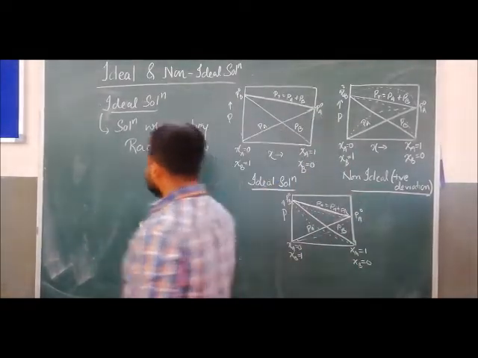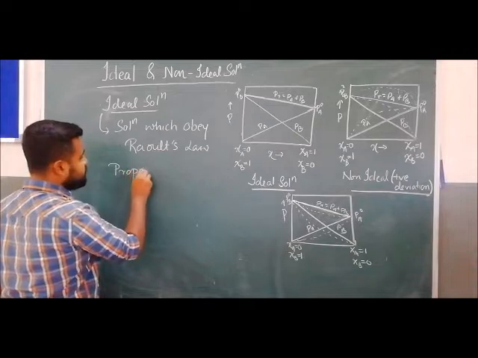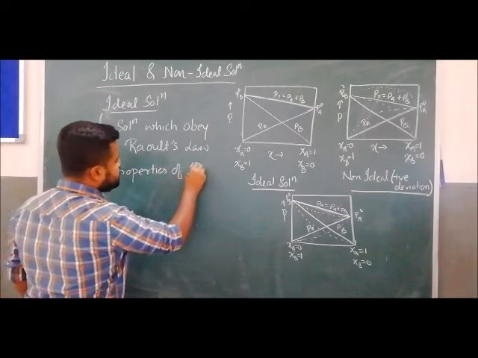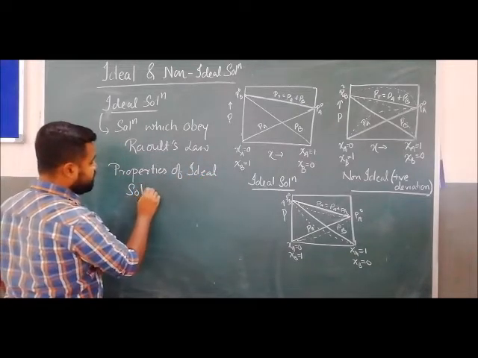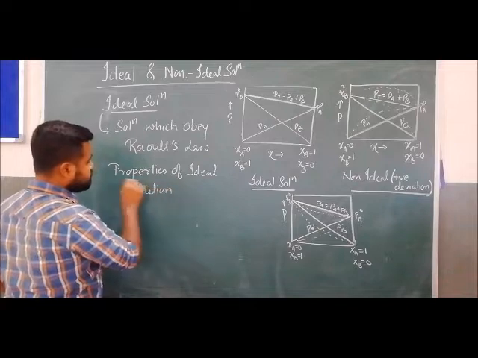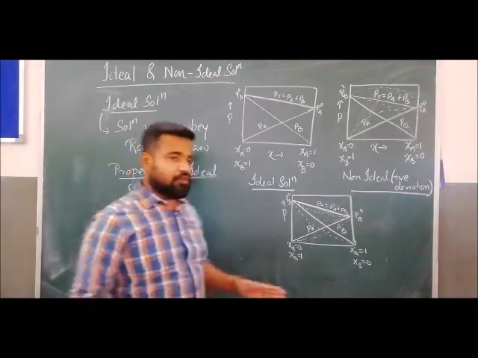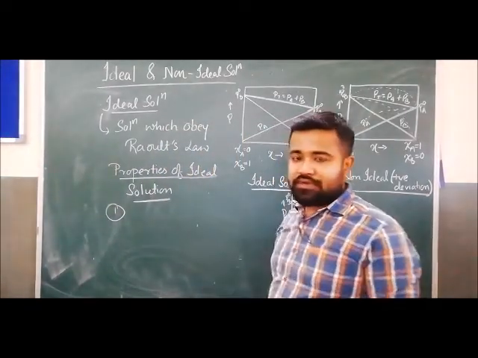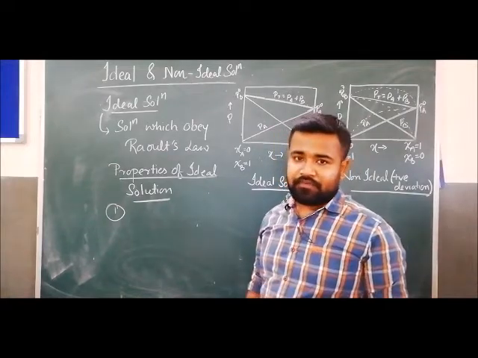Next, properties of ideal solution. What are the properties of an ideal solution? Before going to the first property, I want to tell you that in a solution two things are there, solute and solvent.